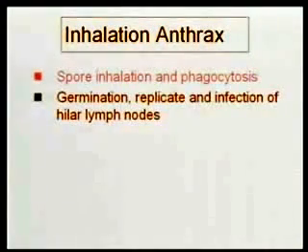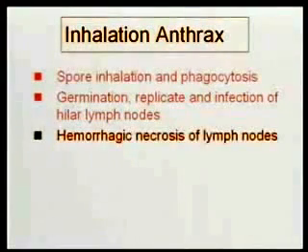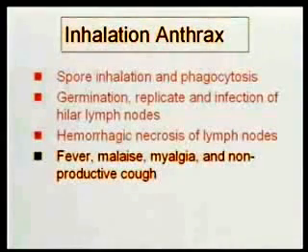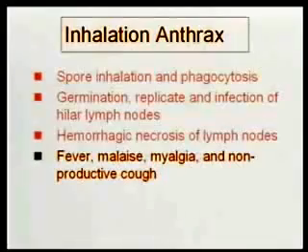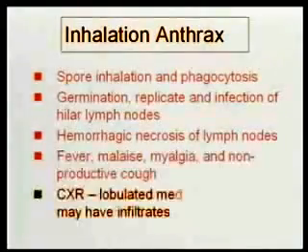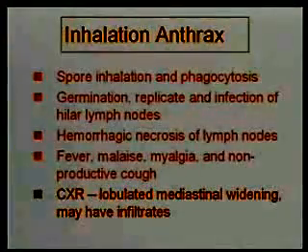They germinate, replicate, and cause an infection of the hilar lymph nodes, the lymph nodes around the trachea. Hemorrhagic necrosis of those lymph nodes and hemoptysis will occur, of course, and the infected individual will have fever, malaise, myalgia, and a non-productive cough at first, and then, of course, there will be bloody sputum.